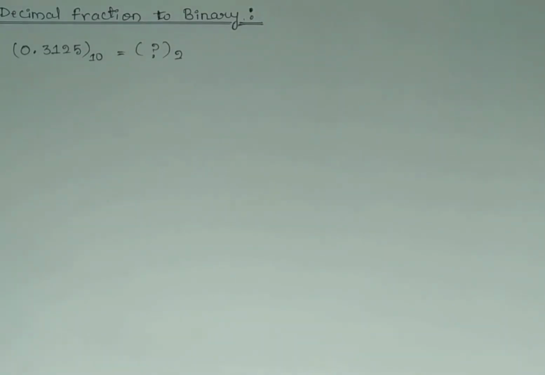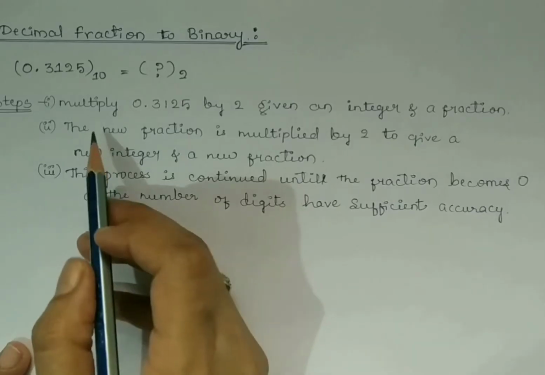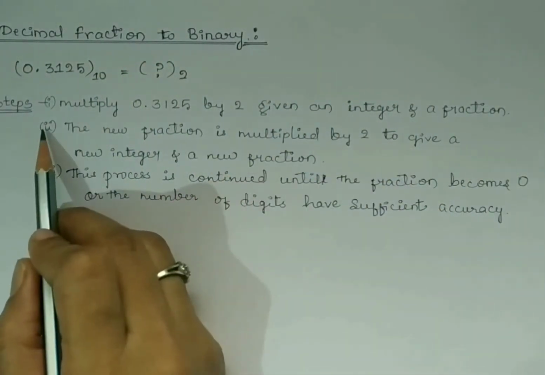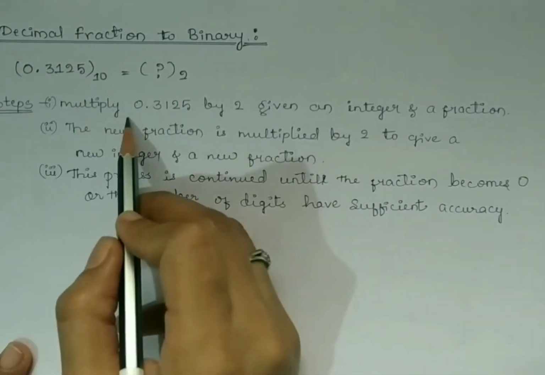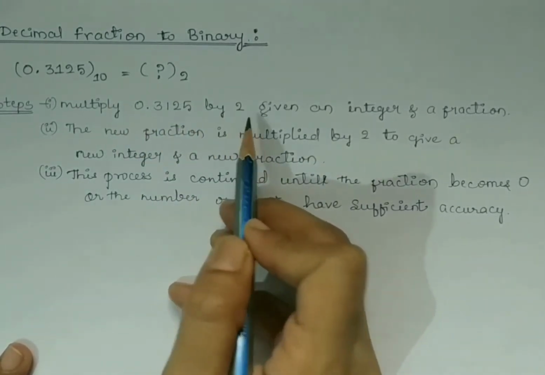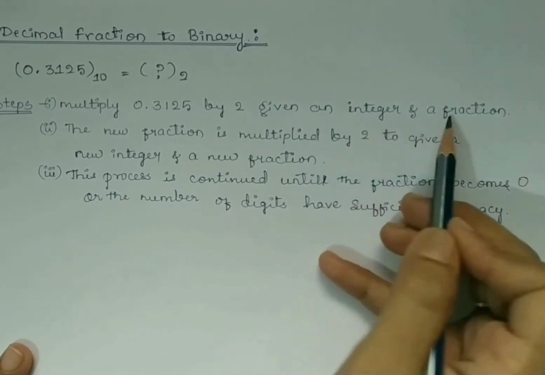So what are the steps? Steps to convert from decimal fraction to binary are as follows. First, multiply the given number 0.3125 by 2. It gives an integer and a fraction.